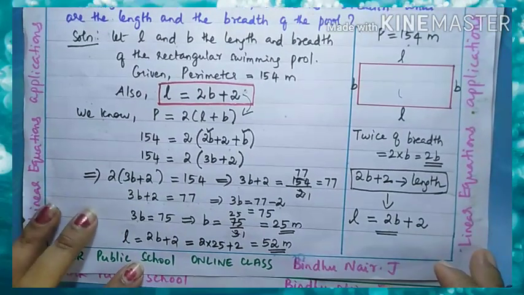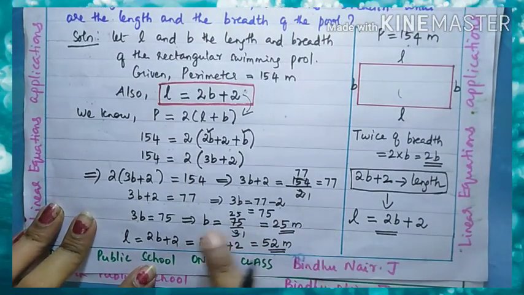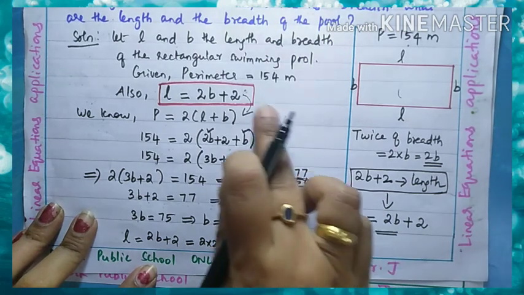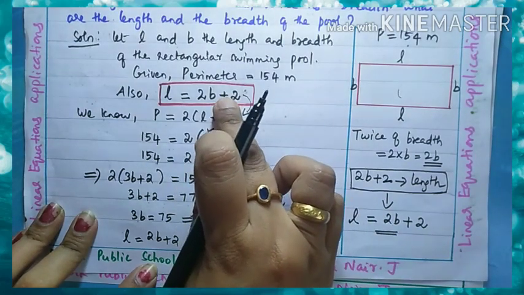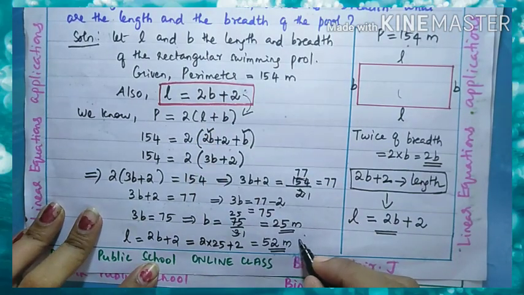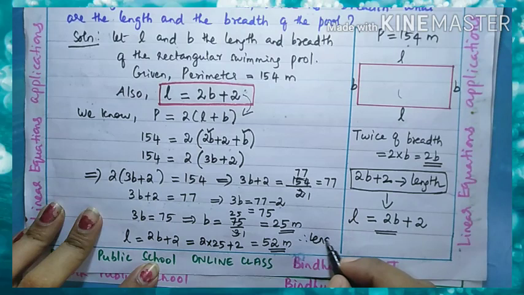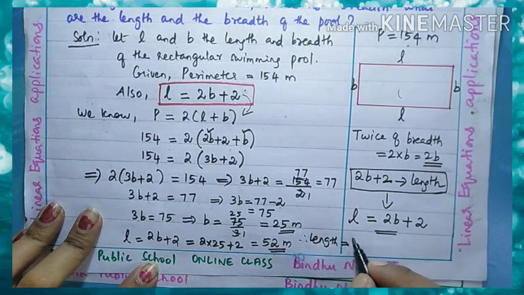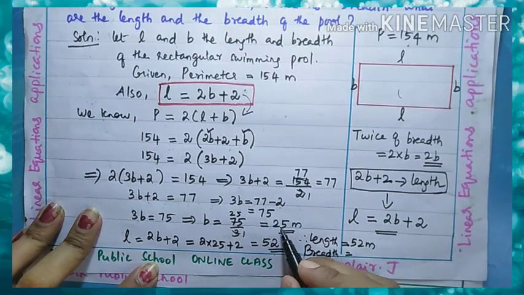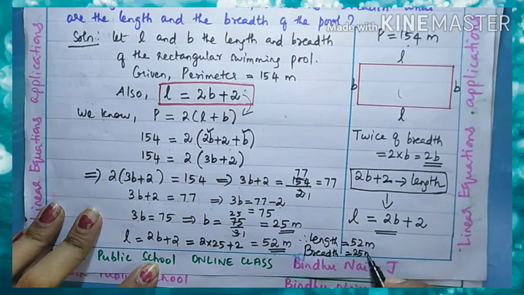Understood, children? So find the value of b, then use this b value in the relation and find L. So what is the conclusion? Therefore, the length of this pool is 52 meters and the breadth is 25 meters.